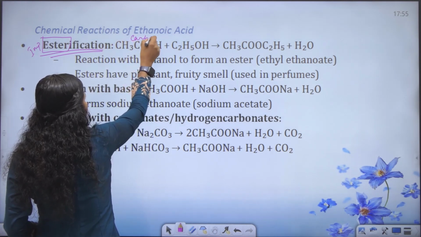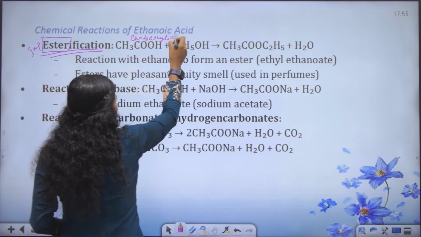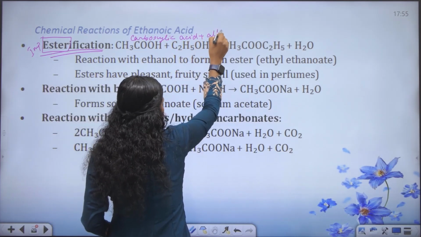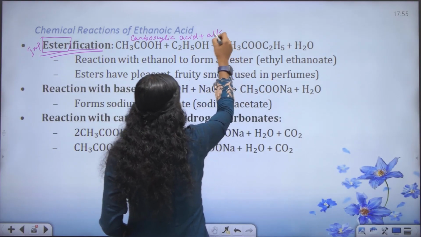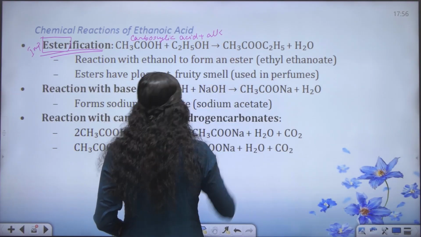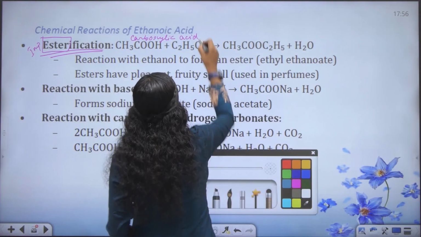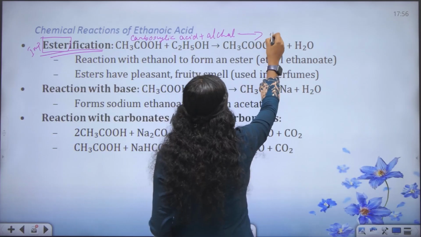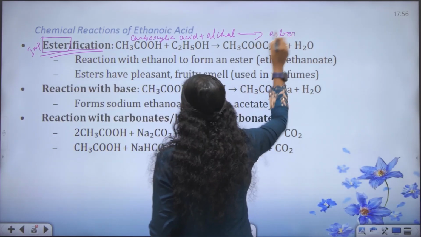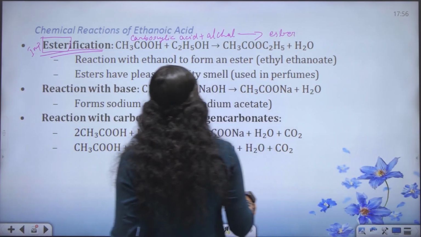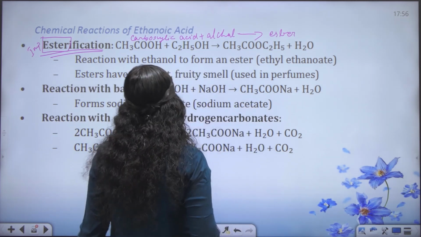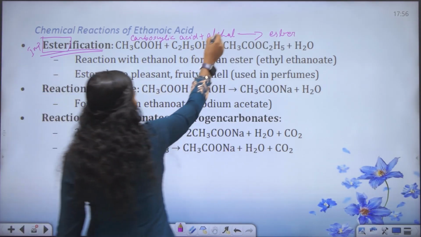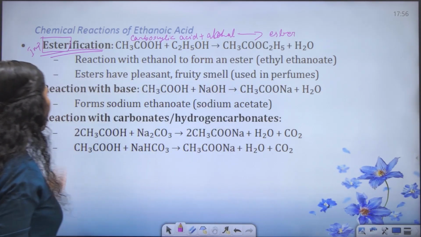Any carboxylic acid reacts with any alcohol to form an ester.